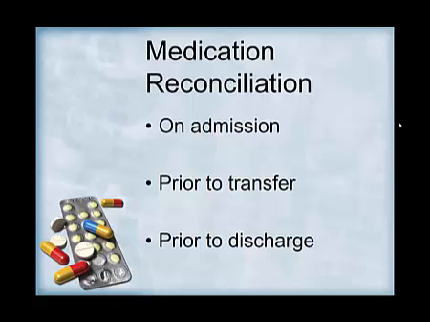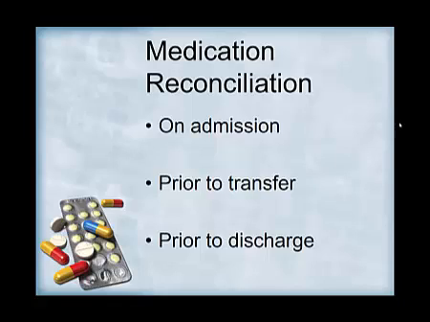Those times are on admission to the hospital, prior to the transfer to another unit, and prior to discharge. Because the research has shown this, it's important that as a nurse, we ensure that we are carrying out the medication reconciliation process at each of these phases of the patient admission.